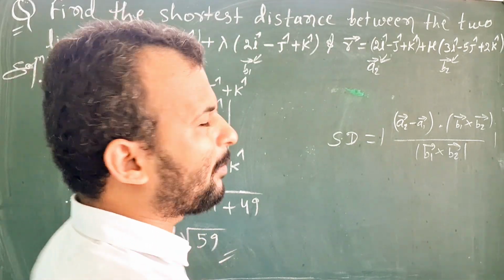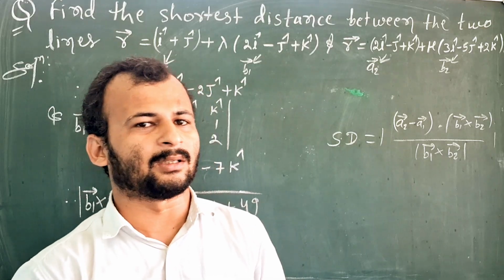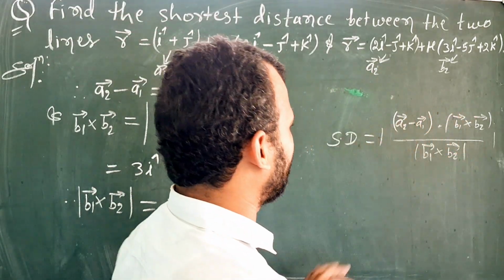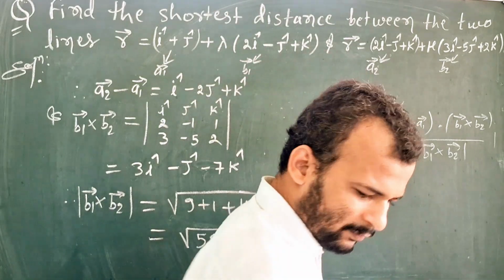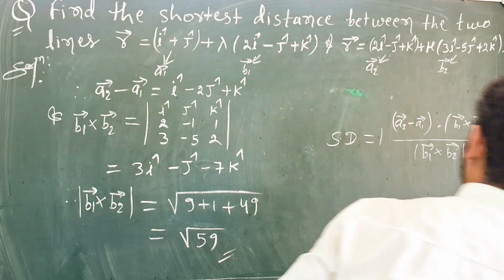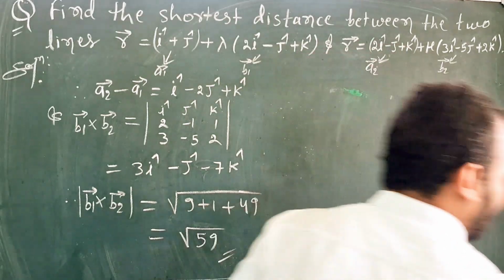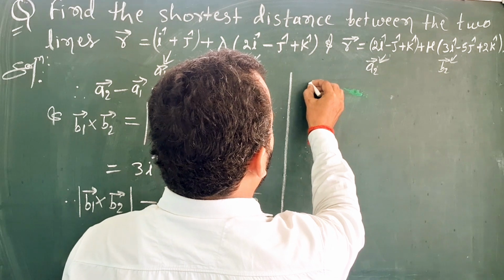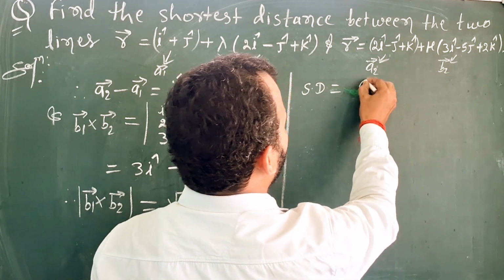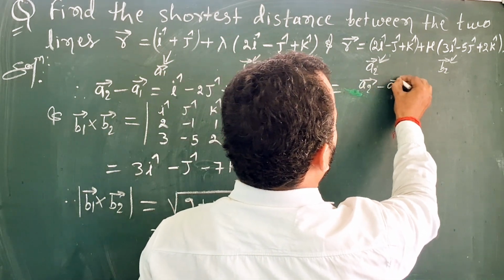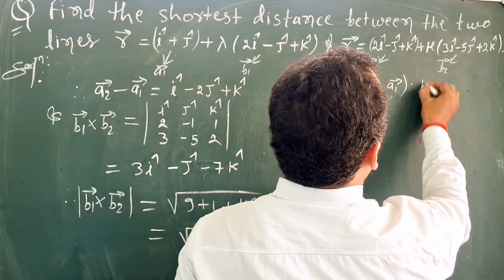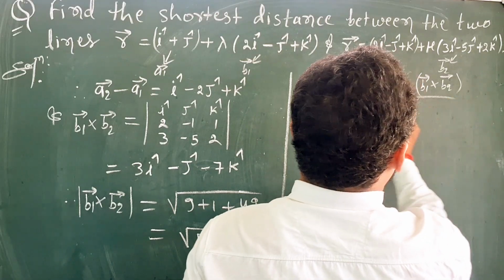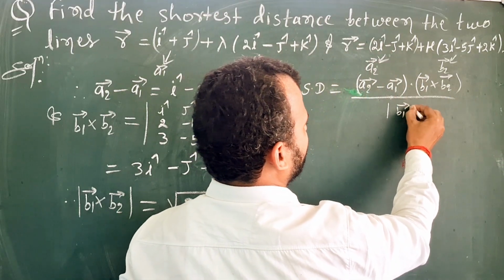Square root of 59 is the magnitude of b1 vector cross b2 vector, but we need to find the shortest distance between these two given lines. By using this formula we can find the shortest distance: shortest distance equals the modulus of (a2 vector minus a1 vector) dot (b1 vector cross b2 vector) divided by the magnitude of b1 vector cross b2 vector.